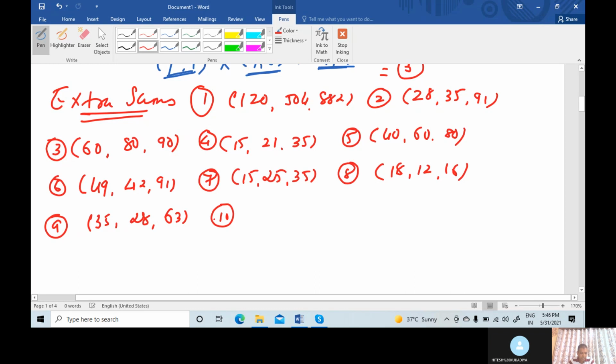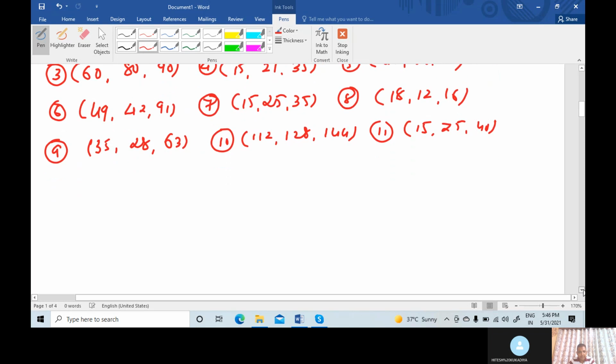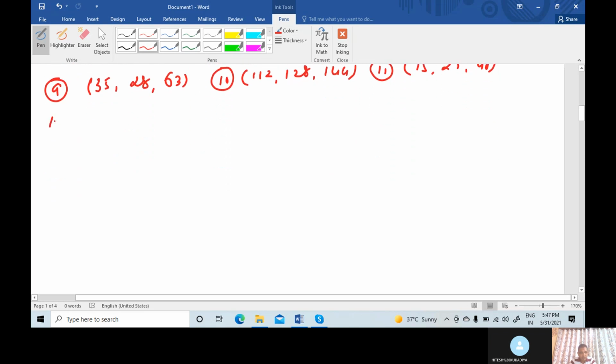Tenth: 112, 128 and 144. Eleventh: 15, 25 and 14. Now we write the 12th question also. The 12th one is the last one.